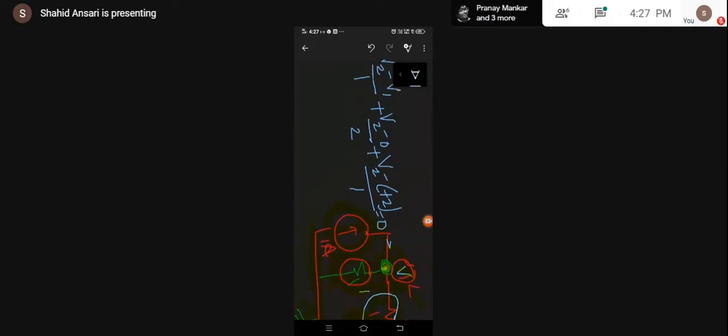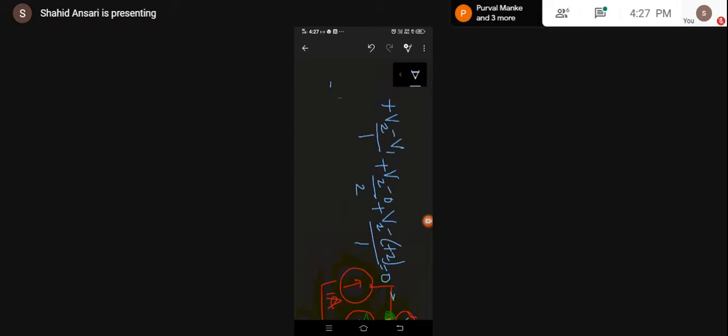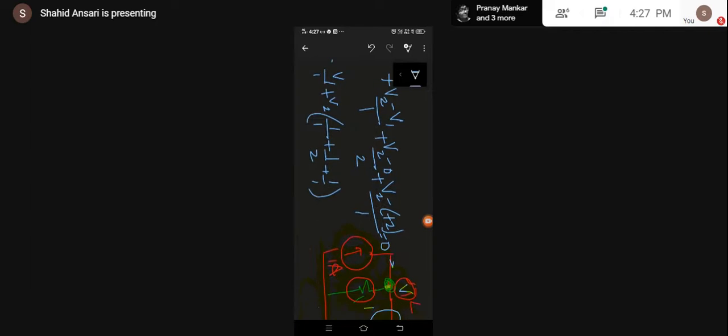Now we can rearrange it. So this will be minus V1 by 1. Now with V2, we have n number of elements. Keep it in a bracket: 1 by 1, 1 by 2, and 1 by 1. And this will be minus of 2 by 1.